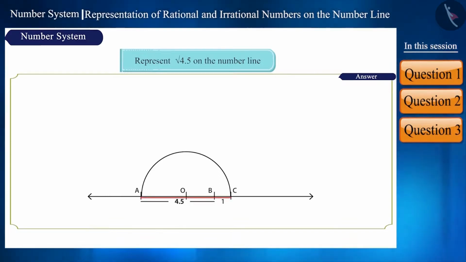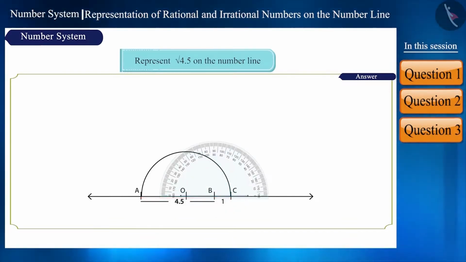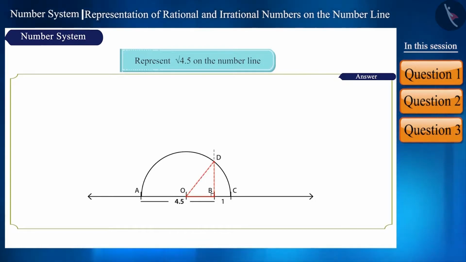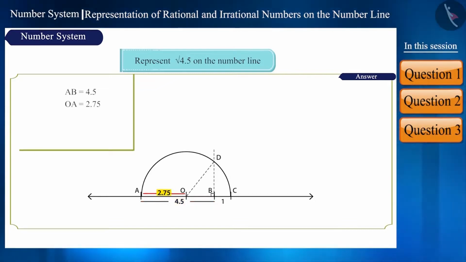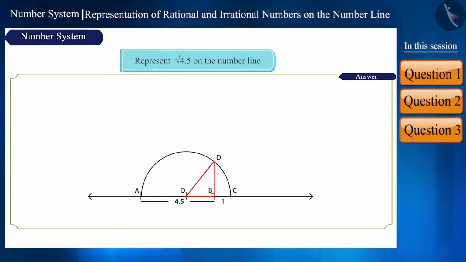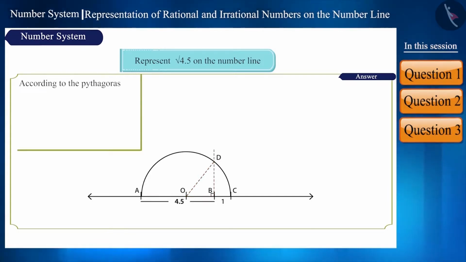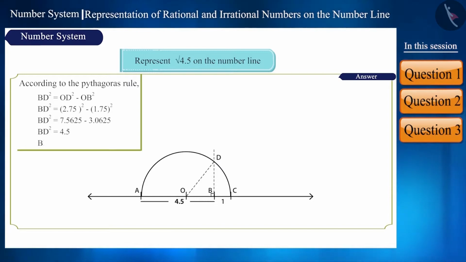Draw a perpendicular from line AC at point B, which would cut the semicircle at point D. On joining O and D, we will get a right-angled triangle OBD. We know the length of AB is 4.5 and OA is 2.75. We will get OB as 1.75. In triangle OBD, on applying the Pythagoras theorem, we can find the length of BD.